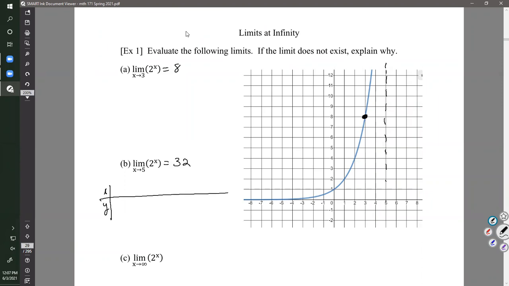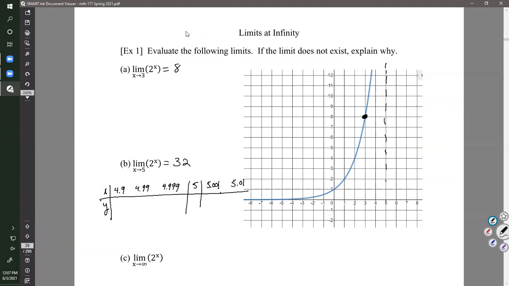So for the t-table, I would do 4.9, 4.99, 4.999, skip over 5, 5.001, oops, 5.01, and I ran out of room, but I would normally do 5.1 as well.